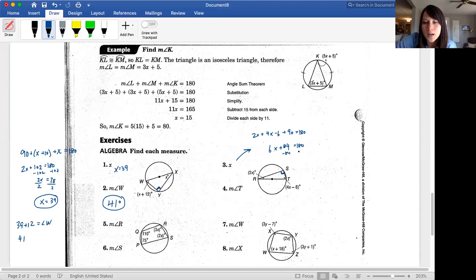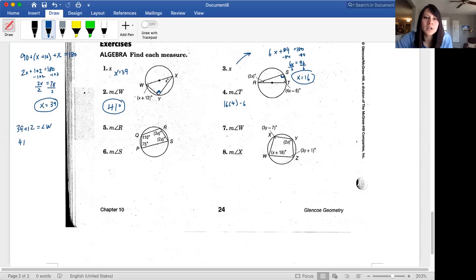Subtract 84 on both sides. And I believe it's 96 as your answer. Divide by 6. x equals 16. Okay, so x equals 16. Now angle T, we have to plug 16 back in. So 16 times 4 minus 6. Plug that in and that's your answer.